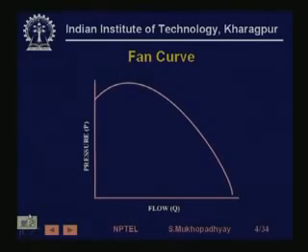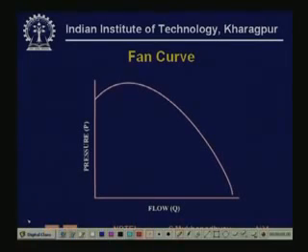So here, this is the intrinsic characteristic of the fan itself, irrespective of what the load is. So the fan actually develops a pressure at its outlet and also develops a certain flow, and it develops this when the fan is rotated at a certain speed.